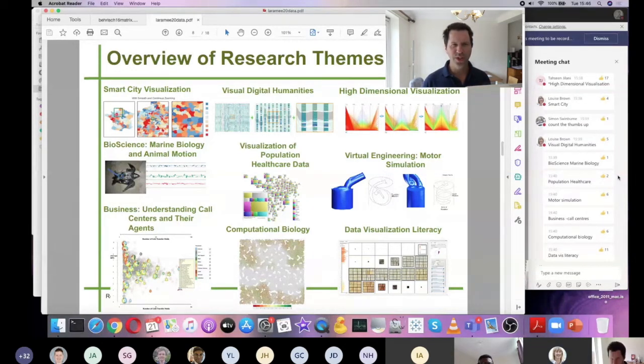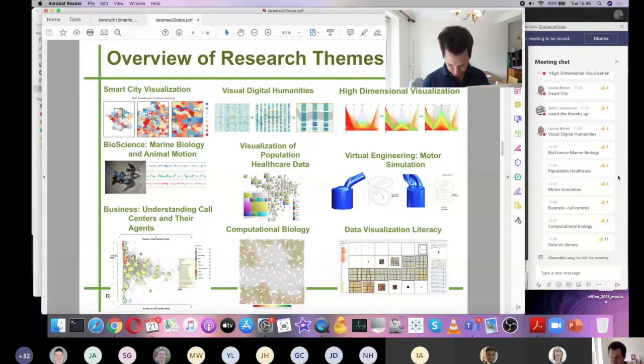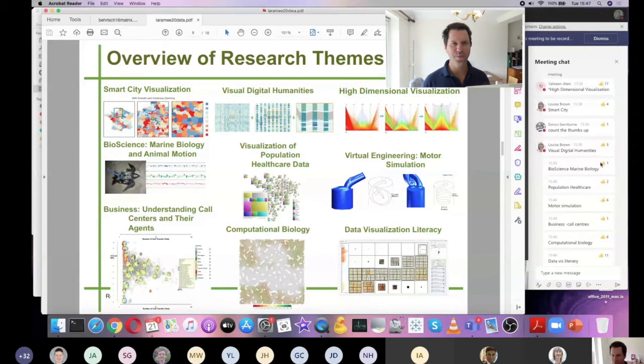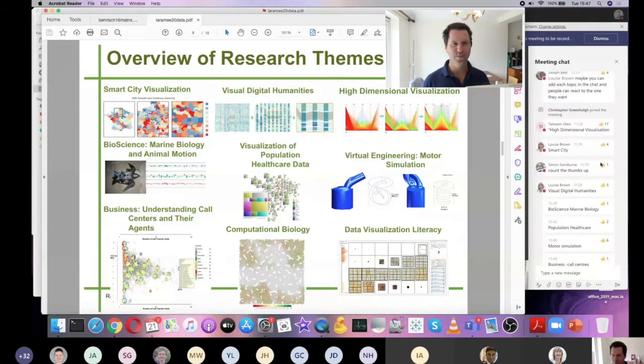Computational biology is also 6 so far. Data viz literacy is 11. Okay, anybody else want to vote? That looks like somewhere around 40 votes right there. So that's pretty good. Looks like everybody voted, or nearly everybody.